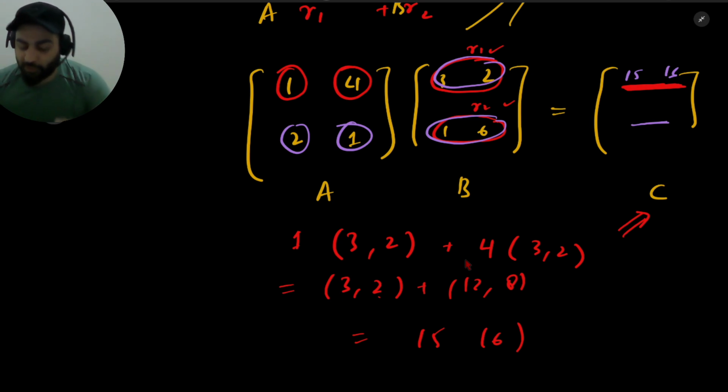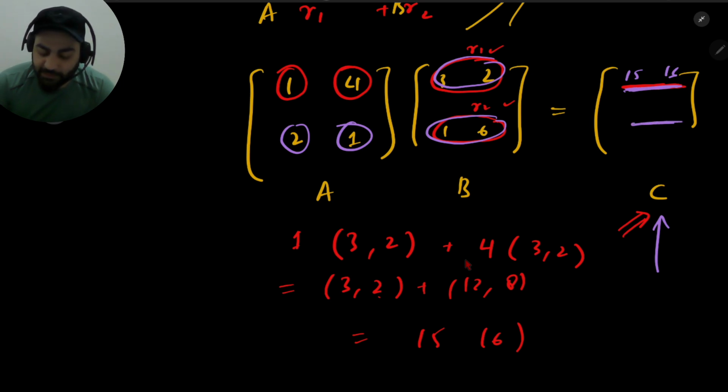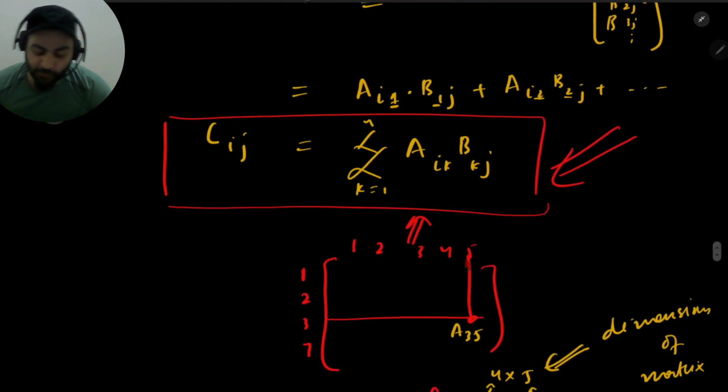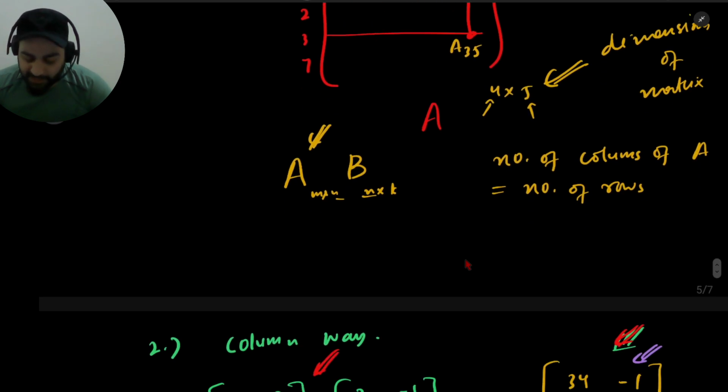Nice. The only conclusion I'll make here is that you should have the intuition that the rows of C are linear combinations of the rows of B. We saw the first method, which was the traditional method, in which we took the rows and columns and multiplied them together to get each entry.